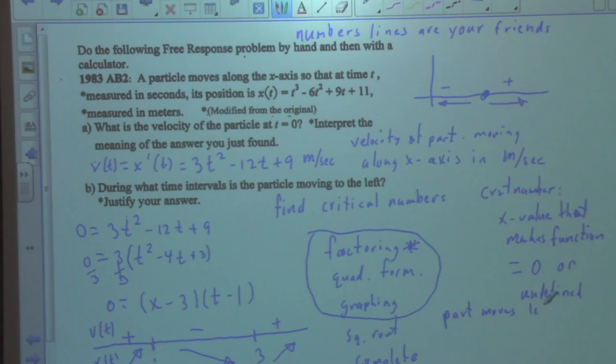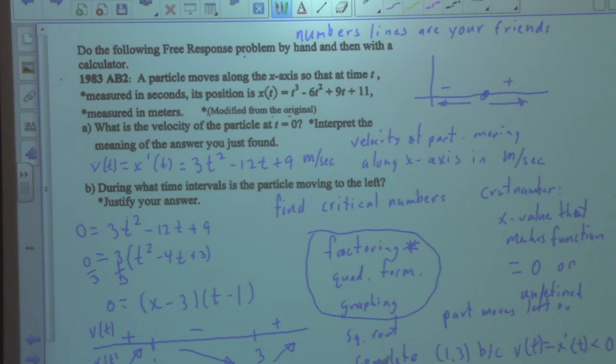Moves left on the interval 1 comma 3, because v of t equals x prime of t is less than 0.